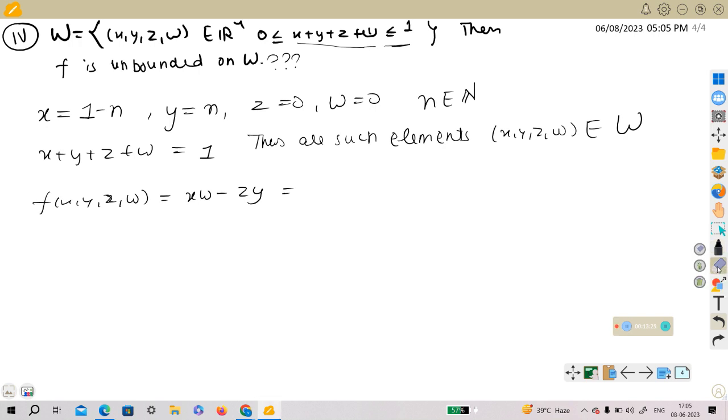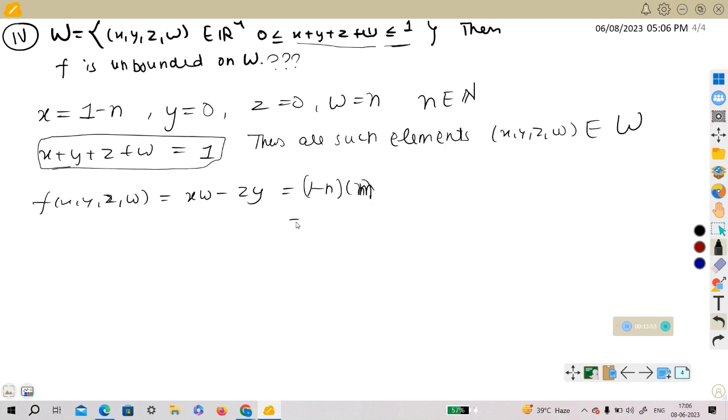Sorry, let's take w to be n. That will be better. Let's take y to be 0 and w to be n. It is still x plus y plus z plus w equal to 1, there is no doubt. Now xw minus zy will be equal to 1 minus n, times n.